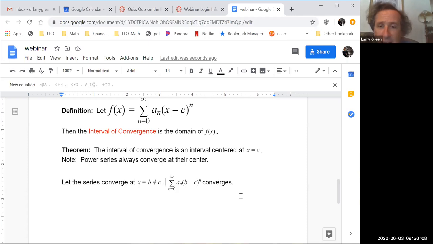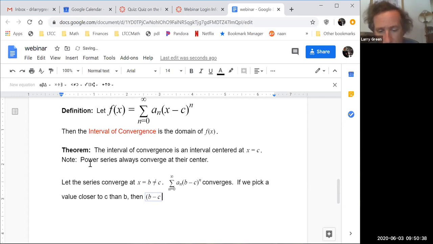What happens if we get closer to c? If we pick a value closer to c than b, then what we can say is that b minus c to the n will be greater than that closer value.